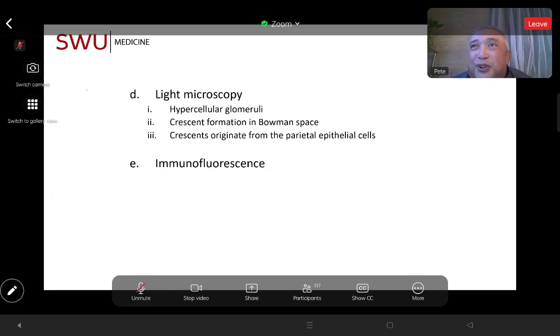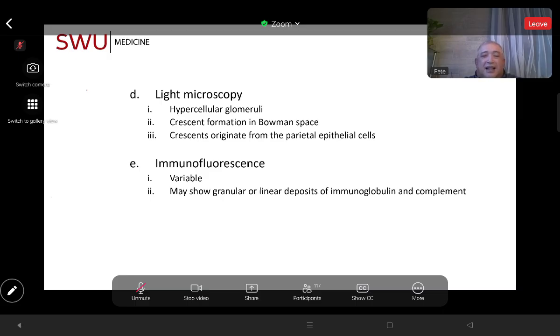Now, this is a board question and it came out. What is the source of your crescents? It is a leakage of protein from parietal epithelial cells. So please do not miss this. Immunofluorescence is variable. You are going to have granular or linear deposits of immunoglobulin.